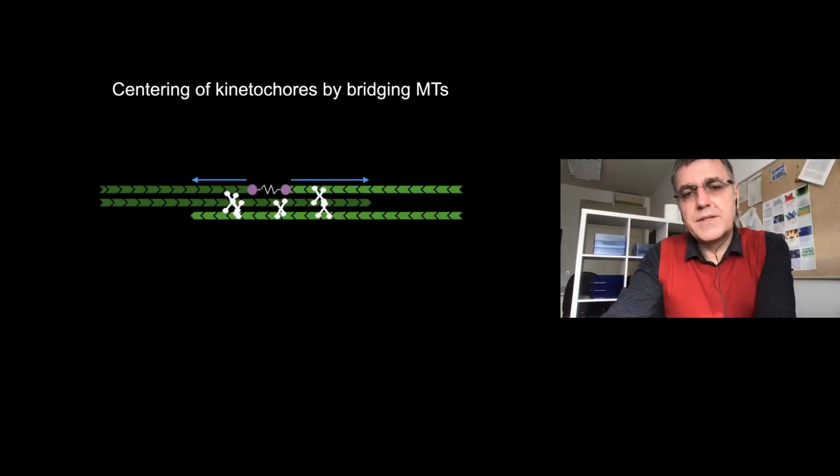Yeah, thanks for the question. I didn't show the results for length-dependent catastrophes because it's already discussed in the field. Yes, when we use length-dependent catastrophes, we are getting better positioning.